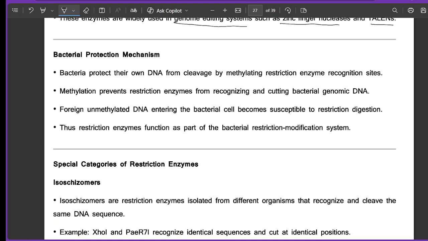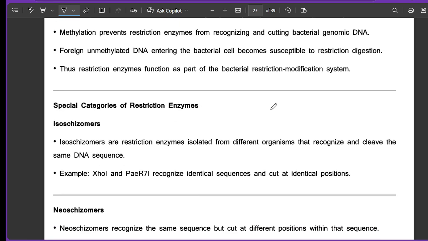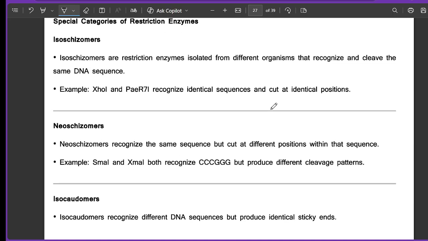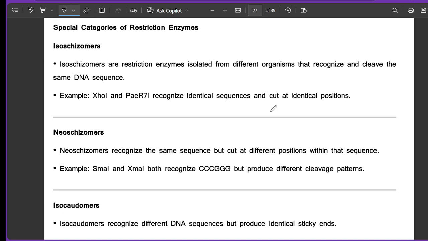Okay, I already told you how bacteria use these restriction enzymes for their protection, and now there are some special categories of restriction enzymes. The categories are isoschizomers, neoschizomers, and isocaudomers. Suppose we take two restriction enzymes derived from two bacteria, bacteria 1 and bacteria 2, maybe from different species: restriction enzyme 1 and restriction enzyme 2.